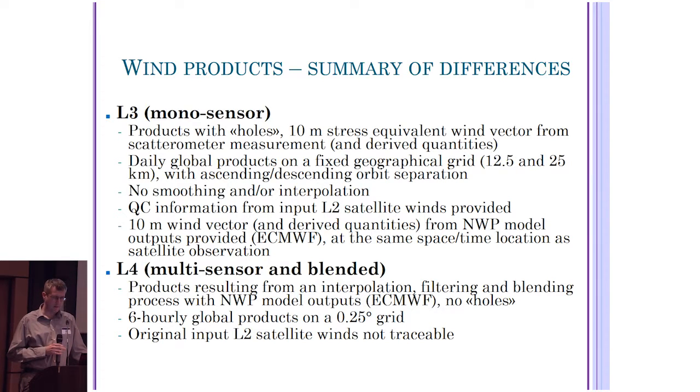And if you're interested in the ECMWF outputs, the Level 3 data does include the ECMWF model outputs at the same time and location as the satellite observation, if you wanted to look at both of them. If you go to the Level 4, then the products have been derived by interpolation, filtering and blending with NWP model outputs from ECMWF, and they're 6 hourly products on a quarter-degree grid.